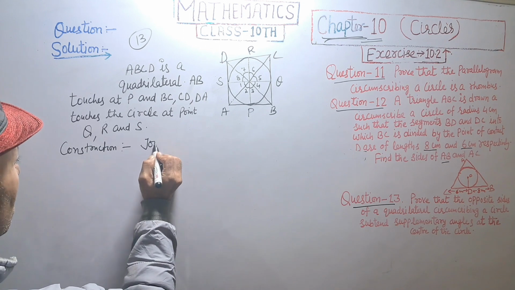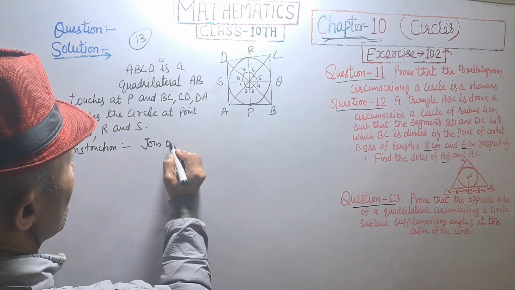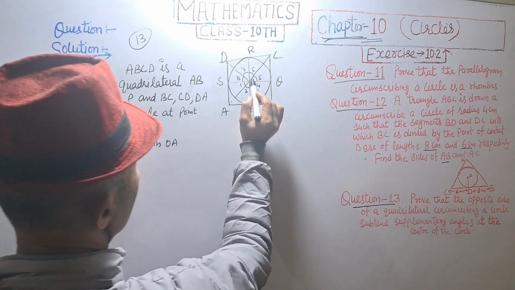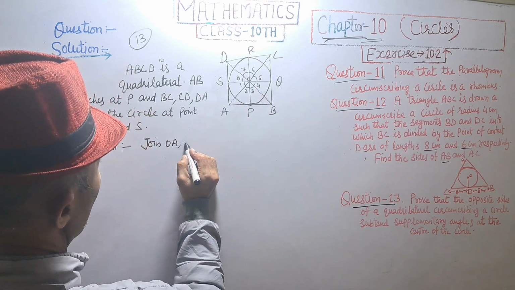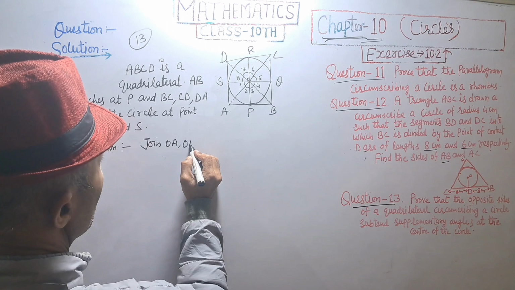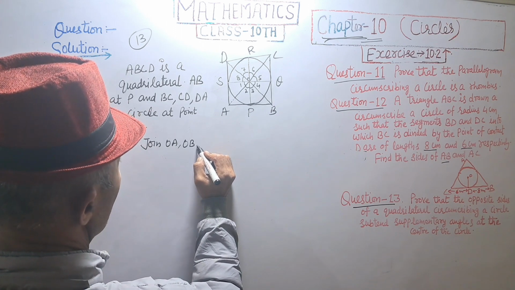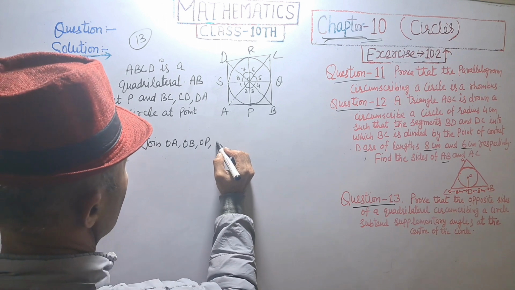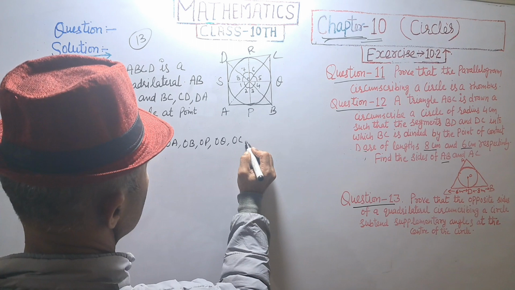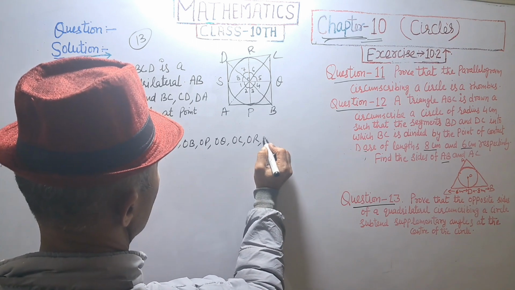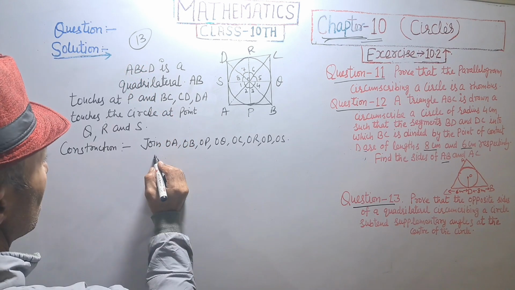Construction: join OA, OB, OP, OQ, OC, OR, OD, OS.